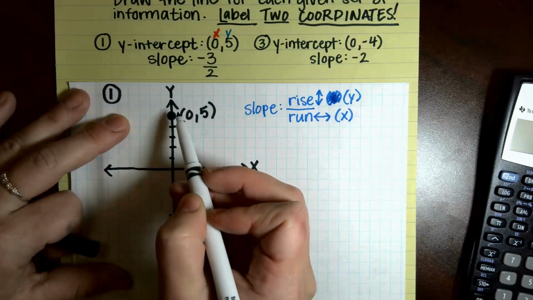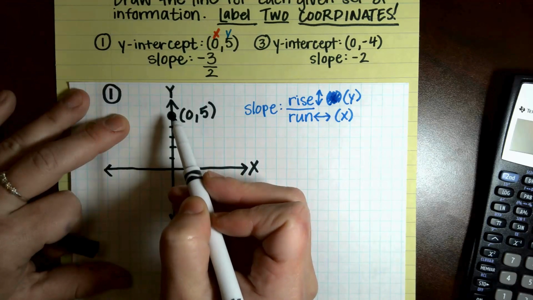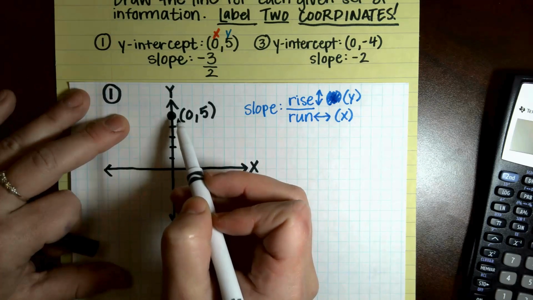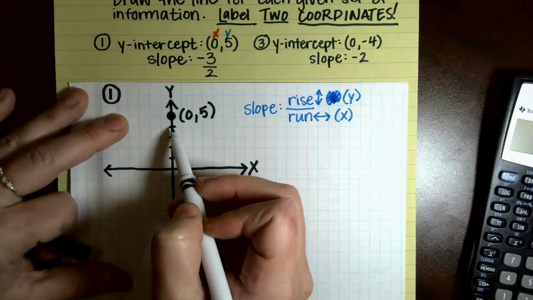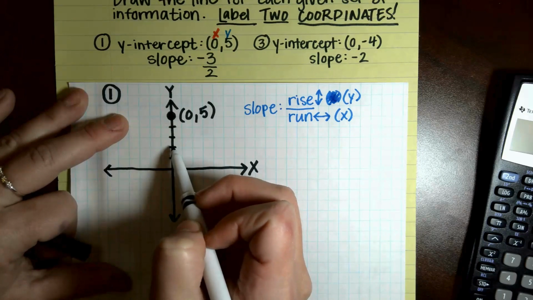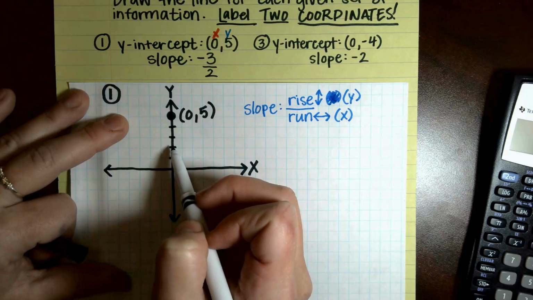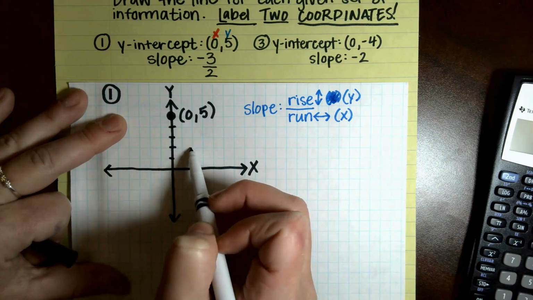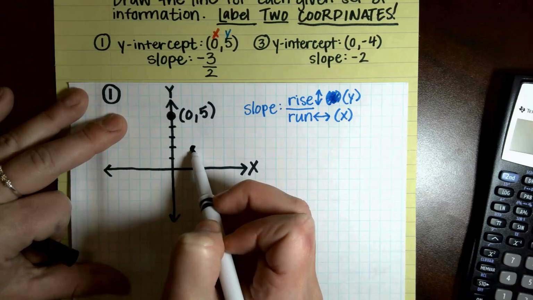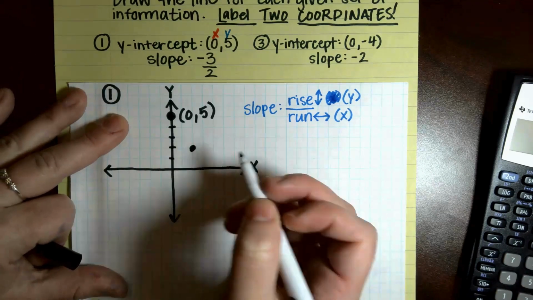So what's our rise going to be? -3. So I'm going to go down 3. I'll start here and go 1, 2, 3. And then what's my run? 2. So I'm going to go over 2. 1, 2. And here is the second point that I found.